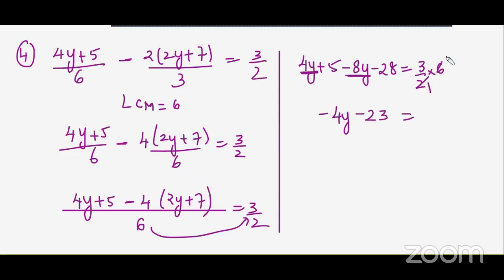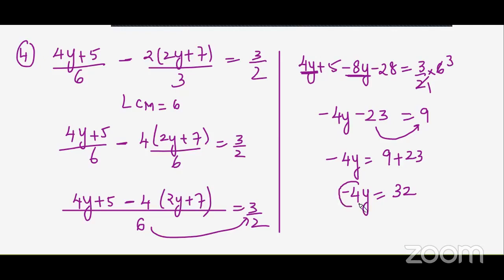Right? Let's shift the 23 to the other side. So minus 4y equals 9 plus 23. So minus 4y is equal to 32. Now, when we are dividing, we'll be dividing by the integer minus 4 on the other side. So y equals 32 divided by minus 4, which gives me negative 8.